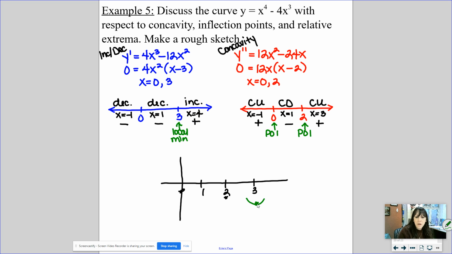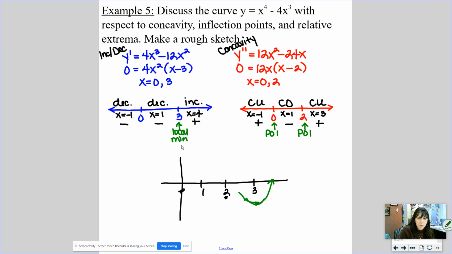From 3 to infinity, the graph is supposed to be increasing. So that part's pretty easy. From 3 to 0, we're supposed to be decreasing. Okay, so if the graph is decreasing from 0 to 3, that means I need this to be a little taller.